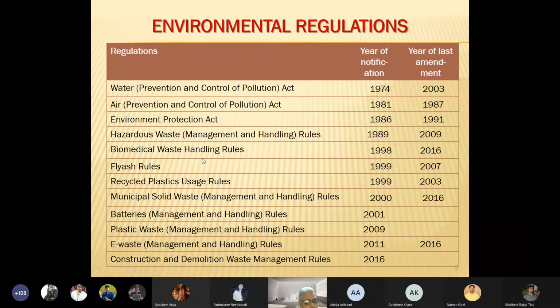Then came biomedical waste. Now, biomedical waste is also, from a technical standpoint, a hazardous material. However, it was being ignored under the hazardous waste management and handling rules. So in 1998, there was a special set of rules made just for handling biomedical waste.